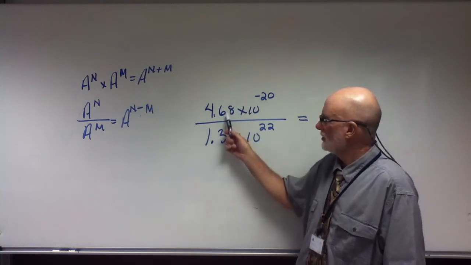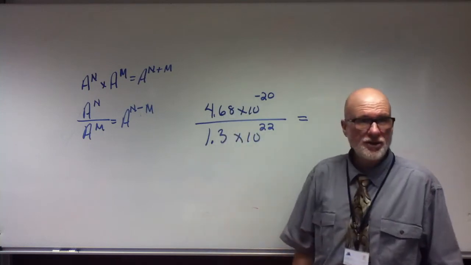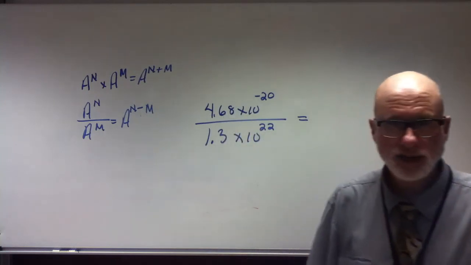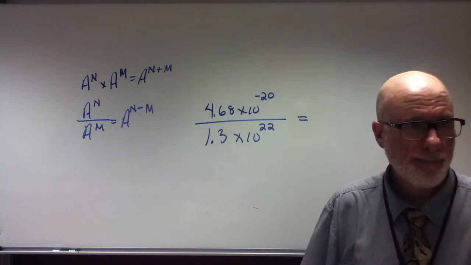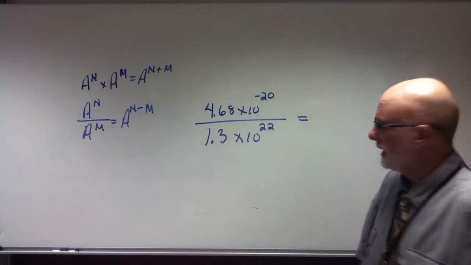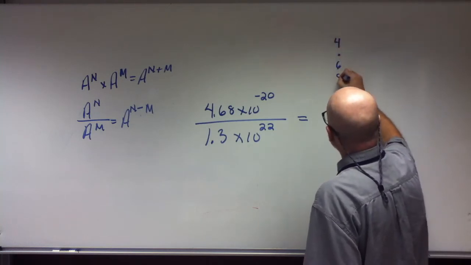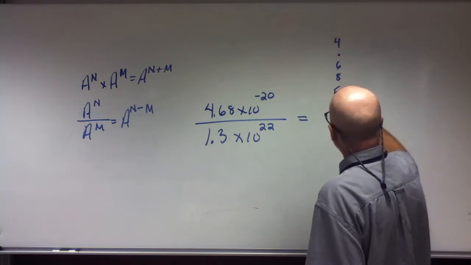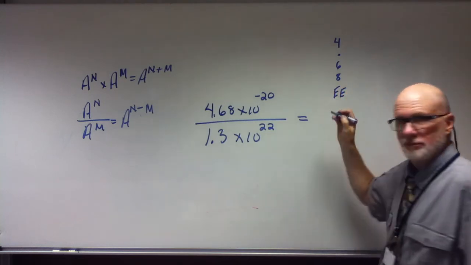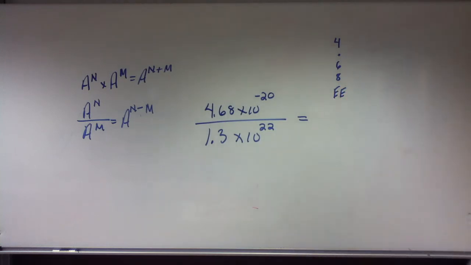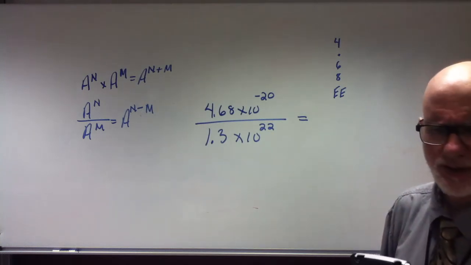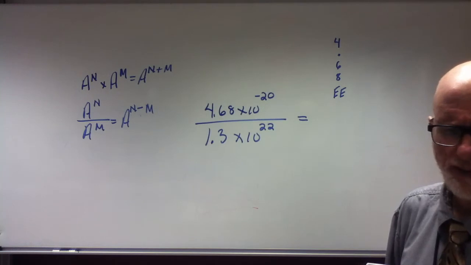Shall I show you how to do it in your calculator? Okay. You put in 4.68 EE. Let me see your calculator. If you're using a graphing calculator, do you have an EE button on this? What is this, a TI-84?